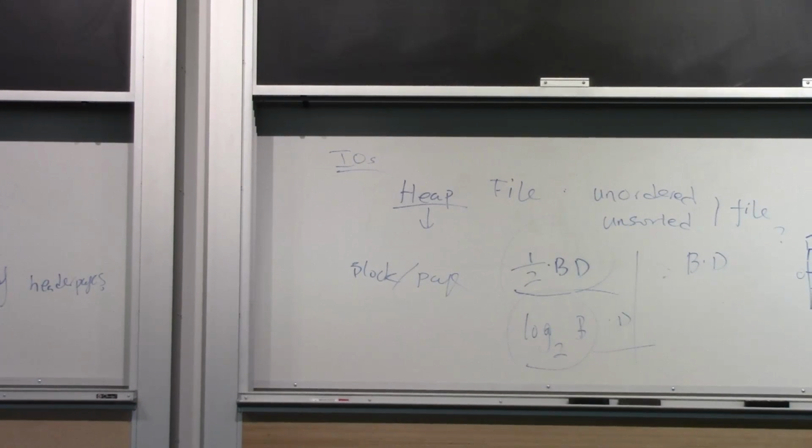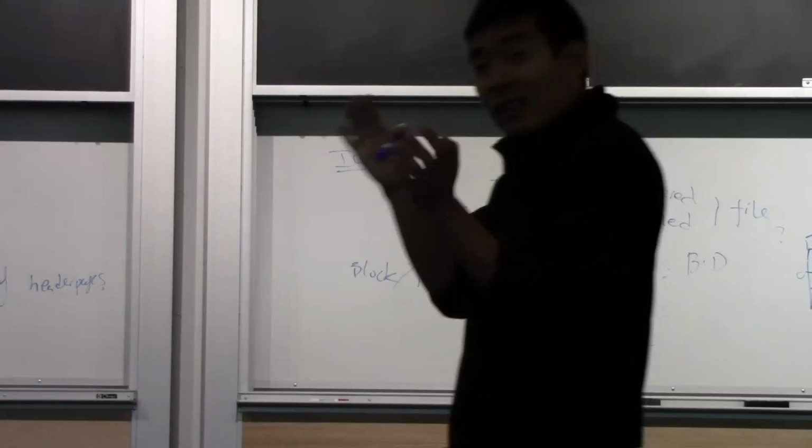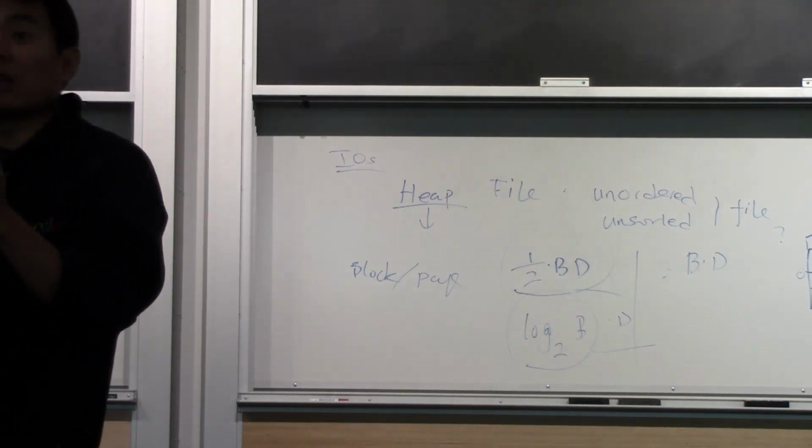But once you find a value, and you know this is a key attribute, you can safely stop, because there can only be one value at most. Does that make sense? Otherwise, you have to go all the way to the end.